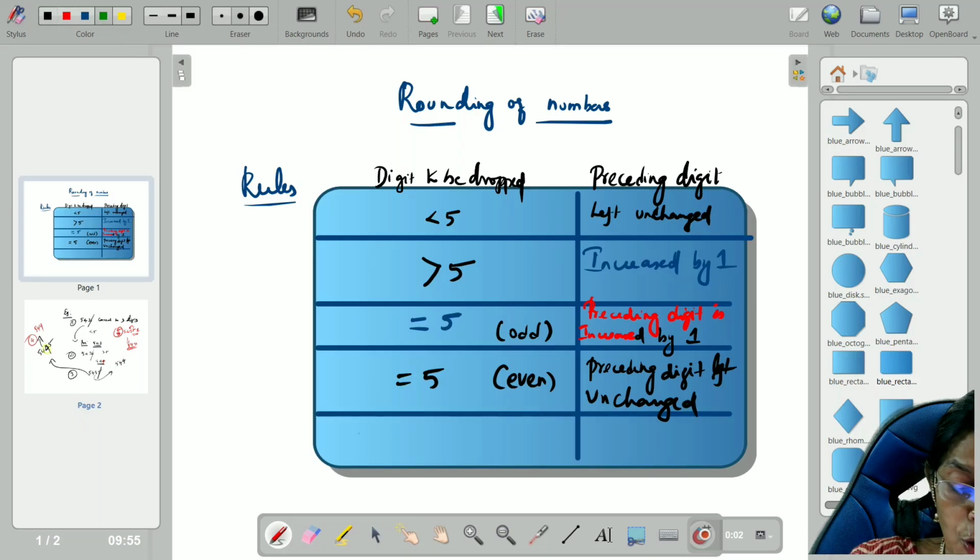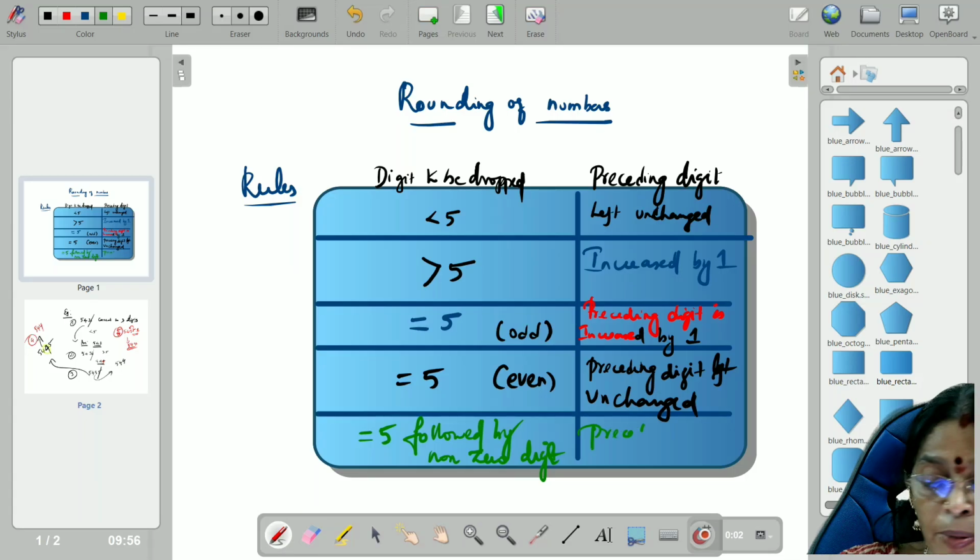Hope you are able to see, children. And if the digit to be dropped is 5, followed by a non-zero digit, then the preceding digit is increased by 1.